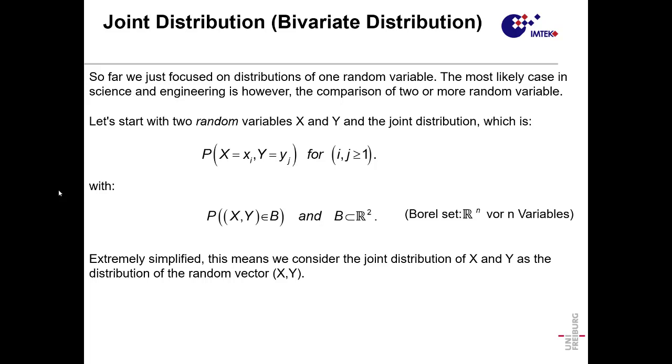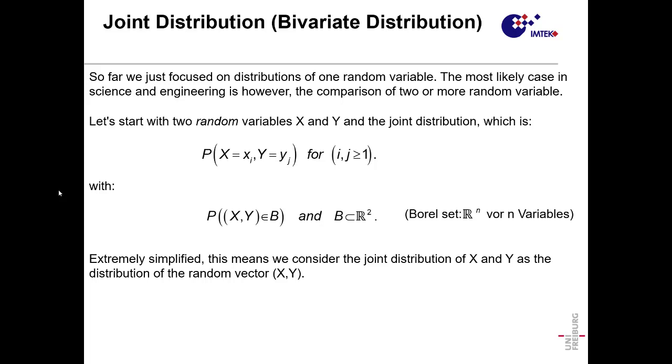An example of this could be: what is the probability, if you are 1.7 meters tall, to weigh 200 kilograms? Usually they are in some way joined, right? Because how tall you are is related to how much mass and weight you could have.